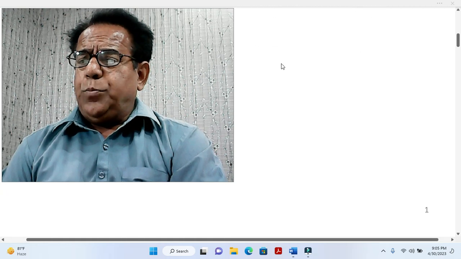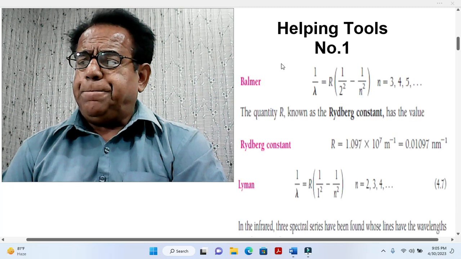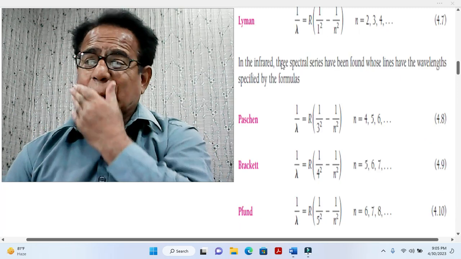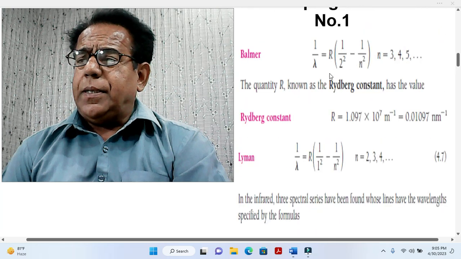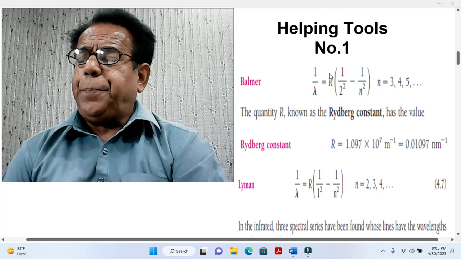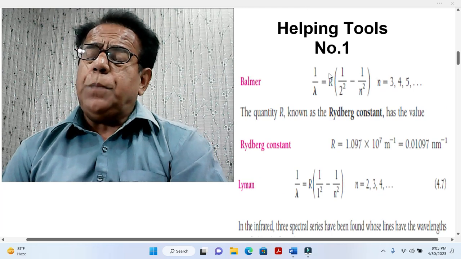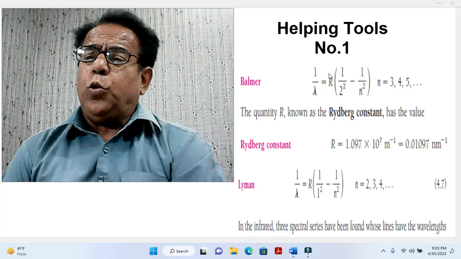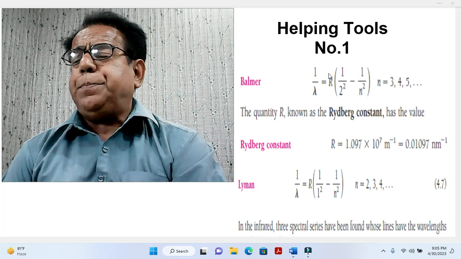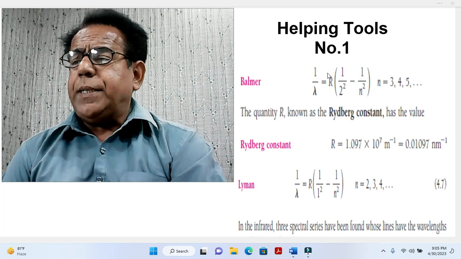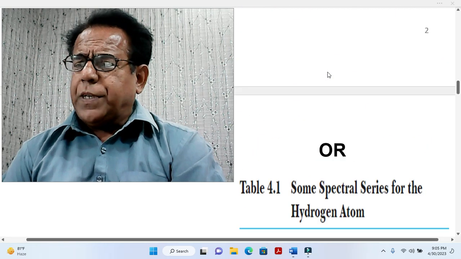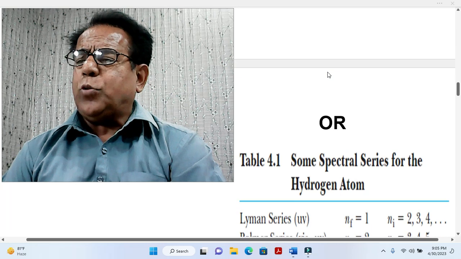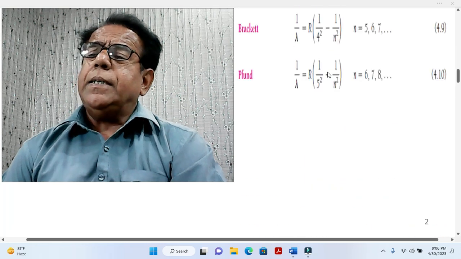Now we move to its solution, but before solution we will discuss helping tools. For the purpose of solving this problem, only one helping tool has been chosen, and there are two versions of this helping tool.